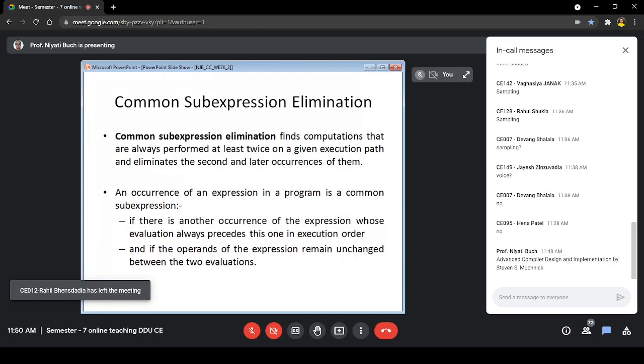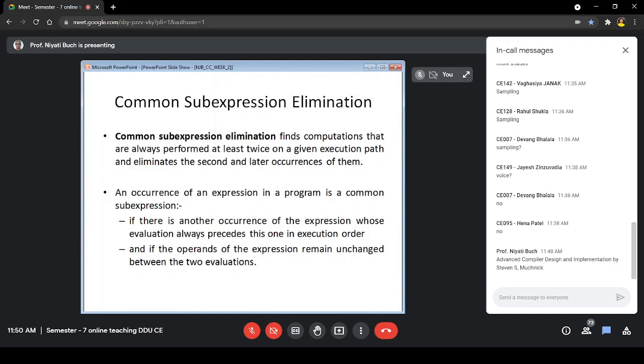Now, you know that because of various loops in your code, and also because of jump statements, there are so many things in your code that you have to ensure that the occurrence of the expression always precedes the expression that we are currently considering.